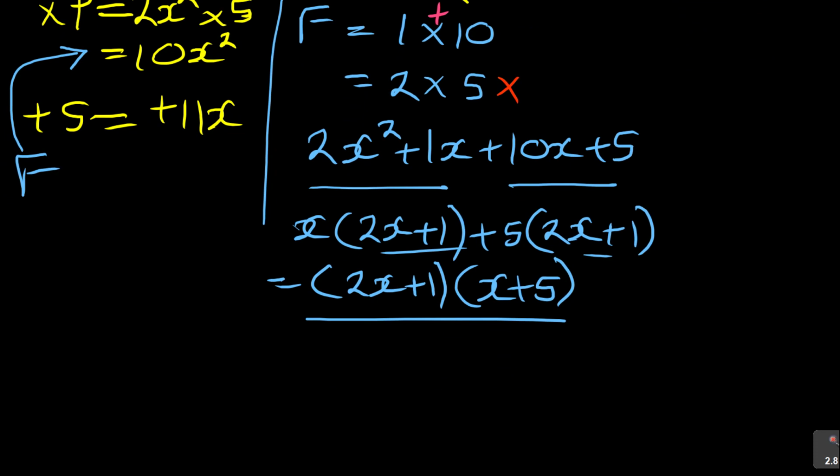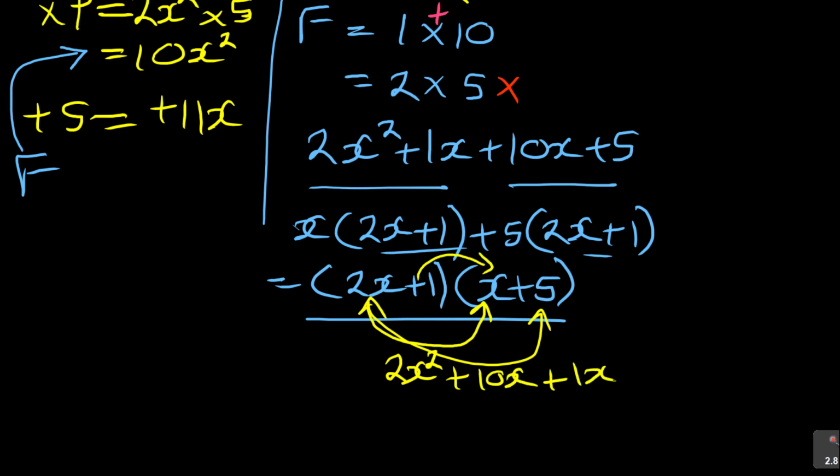There it is. And you remember when you do the FOIL method, if I multiply x times 2x, there is my 2x squared. See? Are you seeing what's happening there? Then x times 5 is plus 10x, you see that? And then 1 times x is plus 1x, and 1 times 5 is plus 5.